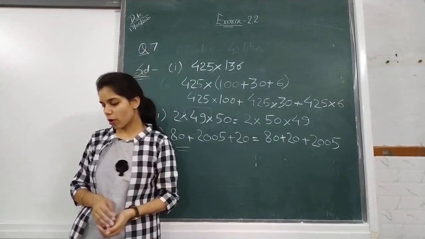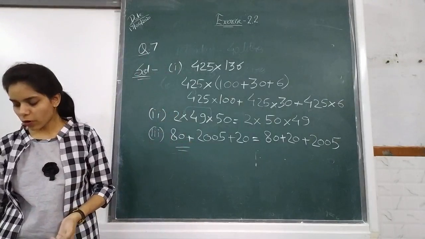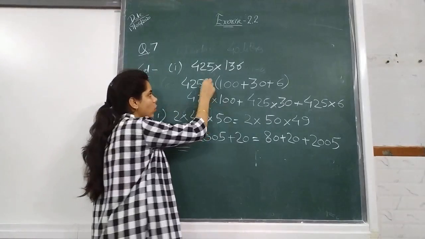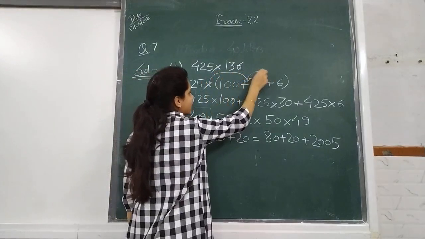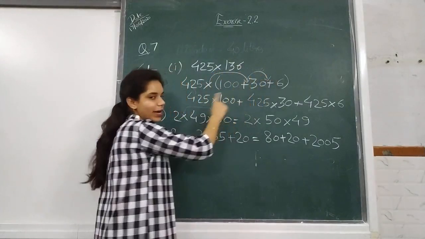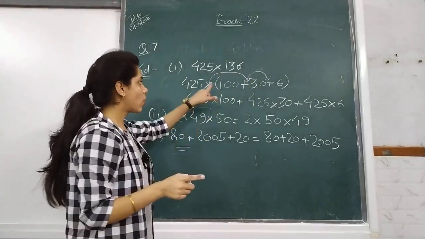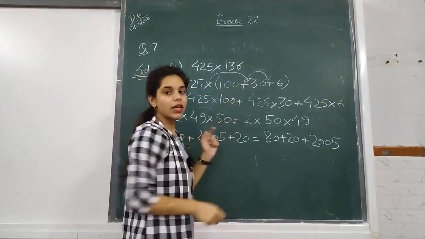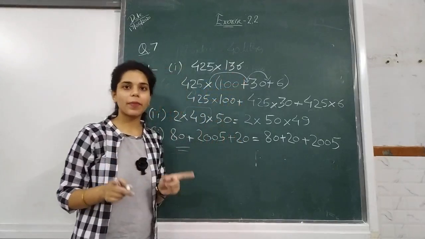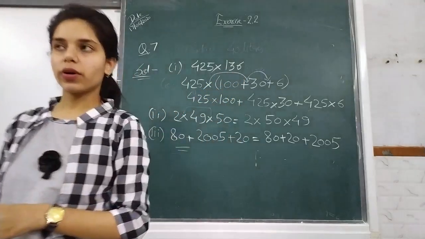Okay, distributive property of multiplication over addition. If a minus sign is there, it will be distributive property under subtraction. Okay.